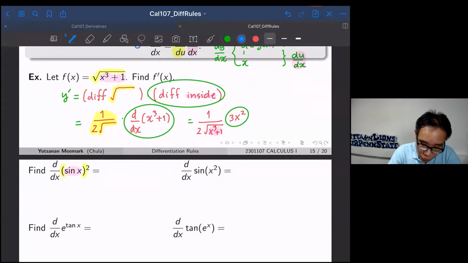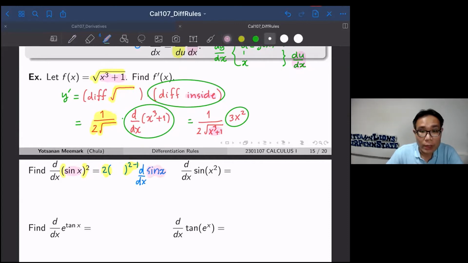It's gonna be 2, and 2 minus 1, so you have the power function. This is the derivative of your yellow guy, and you have to multiply by the derivative of the inside, so you're gonna multiply by the derivative of sine x, so this is the derivative of the inside.